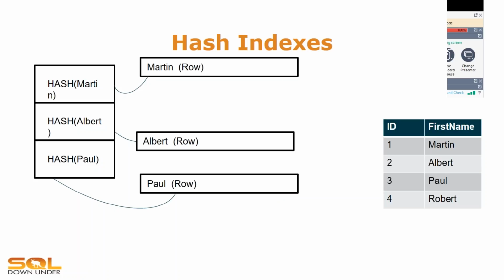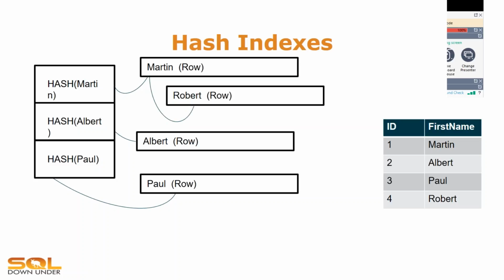Now if we were to put any of those values in again, obviously they would hash to exactly the same value and end up in exactly the same bucket. However, in this example, I'm going to place the value Robert into the table. Unfortunately, Robert hashes to exactly the same value as Martin, so it goes into exactly the same bucket.